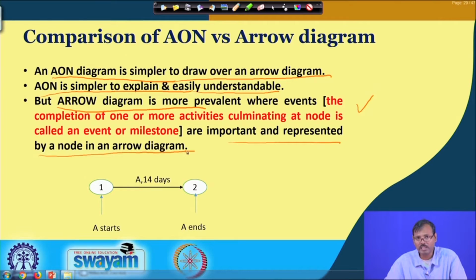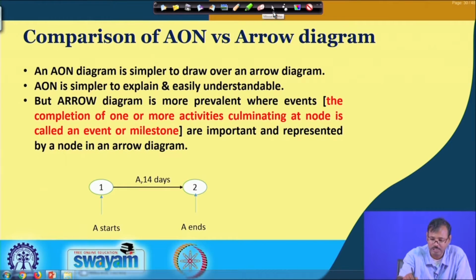So, its array requirement is much higher, that is why the memory requirement will be more for a complex project when we are carrying out the activity on node diagram compared to the arrow diagram. So, though dummy jobs are there and it is difficult to place those dummy jobs manually, once it is done, the analysis in a computerized system is easier for the arrow diagram than the AON diagram.